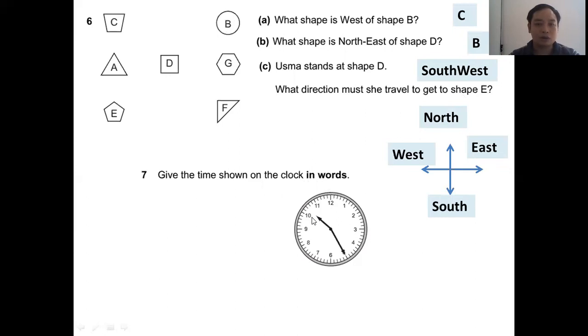So the hour hand points to 10, and the long hand points to 5. That means 25, because each one here is 5. So 5, 10, 15, 20, 25. So I can write in words 25 minutes past 10. Okay.